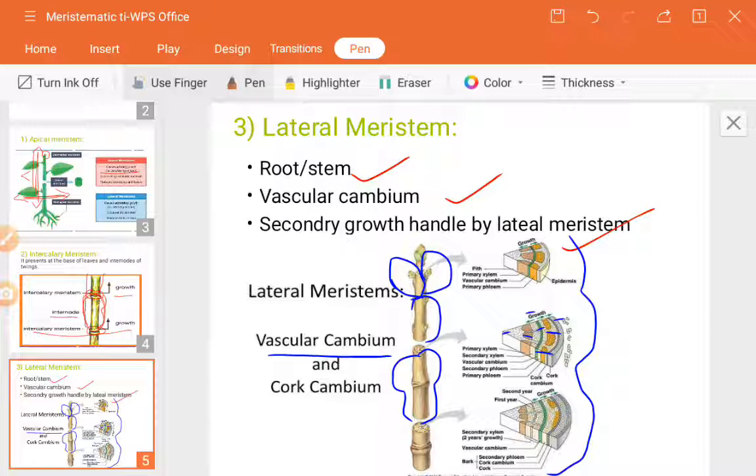Okay, so next, what is meant by the cork cambium? Cork cambium is nothing but the last portion of the plant. Last portion means, for example, bark is a dried up portion, and that portion is also called cork. The bark tissue is called cork, and the cambium is a tissue layer.